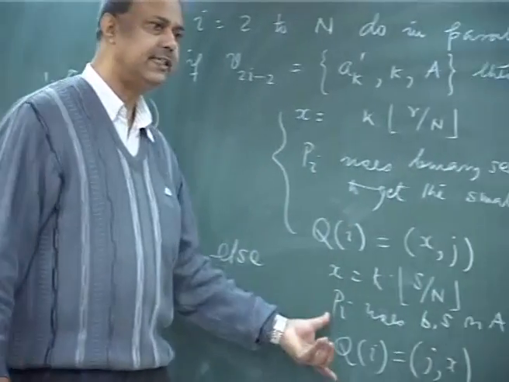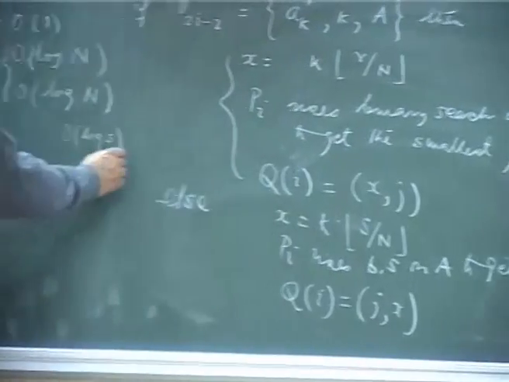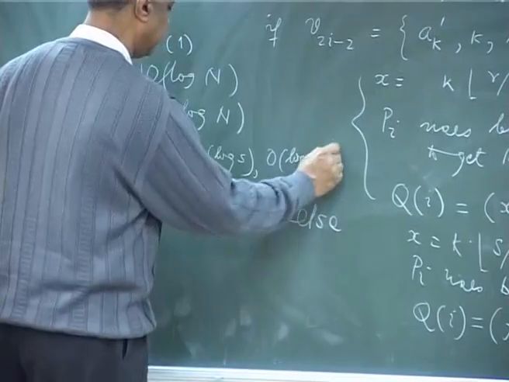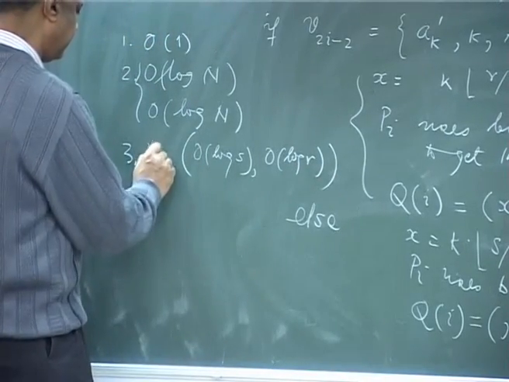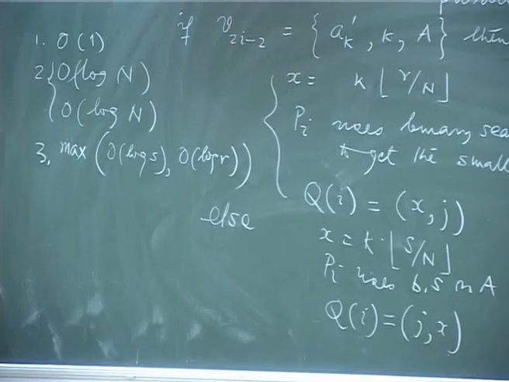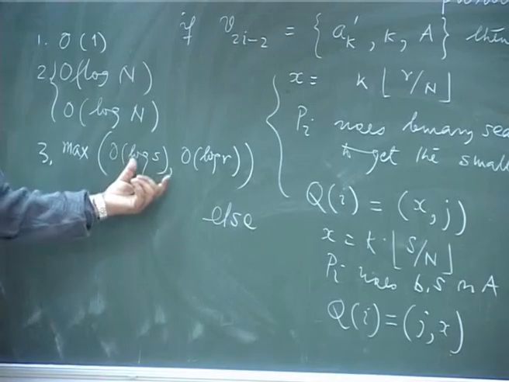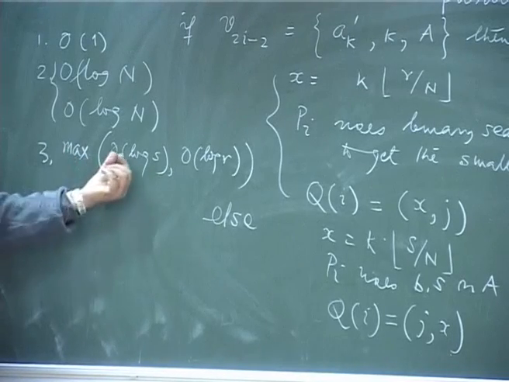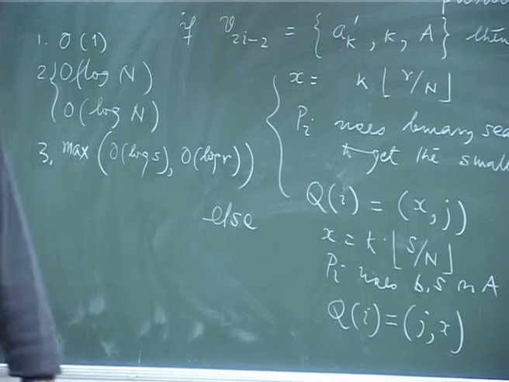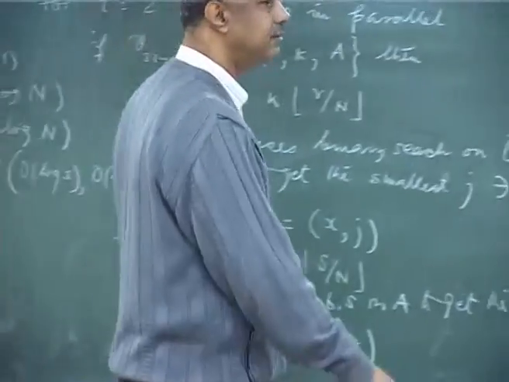If it is not the case, you will be doing the binary search on A, which is log R time. So it is not known which one you are going to select, either this or this, one of them. So the larger one will be put here, so maximum of order log S or log R. Agreed?